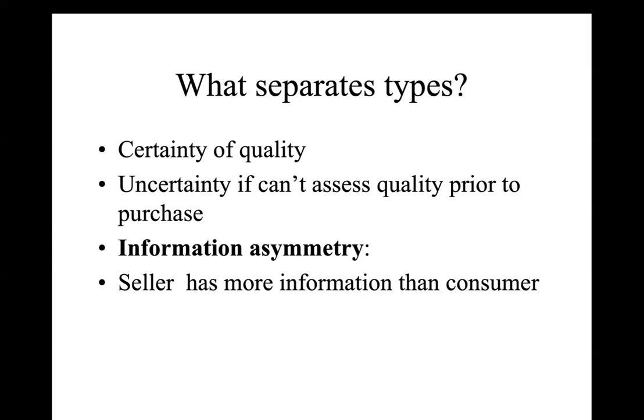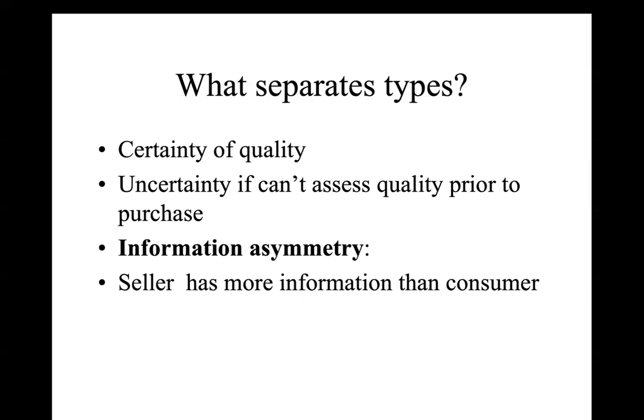Where one party knows more than another party. And one thing that I would add on to that, the party that knows more has an incentive to take advantage of the naive party. So a sophisticated party knows more than the naive party, and the sophisticated party has an incentive to take advantage of the naive, right? That's a situation where there's information asymmetry.